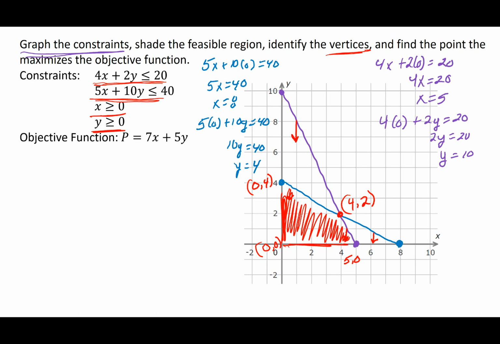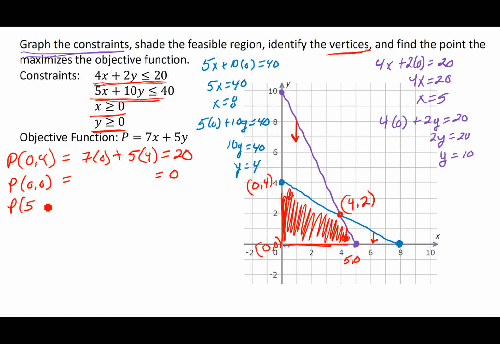Okay, so let's go 0, 4 is going to be 7 times 0 plus 5 times 4 to get 20. P of 0, 0, by recognizing that already, that equals out to be 0. If I plug in 0 to both terms, I'm going to get 0 as an output. 5, 0.